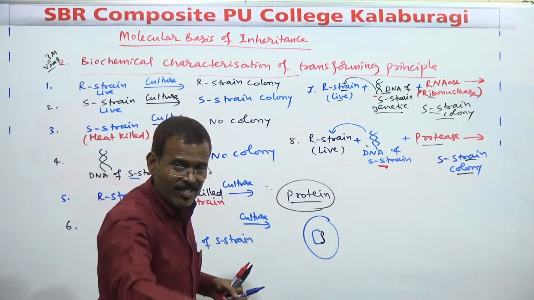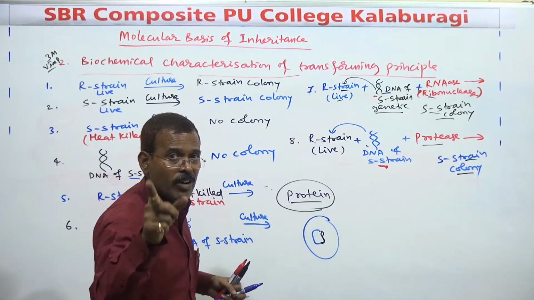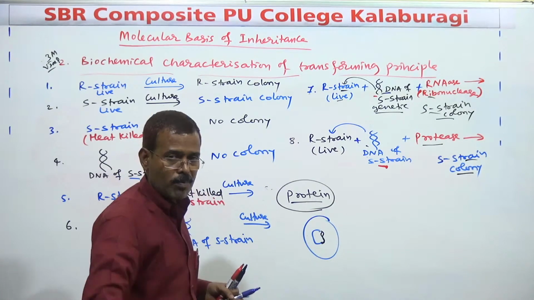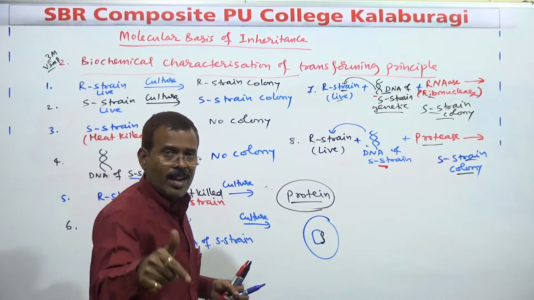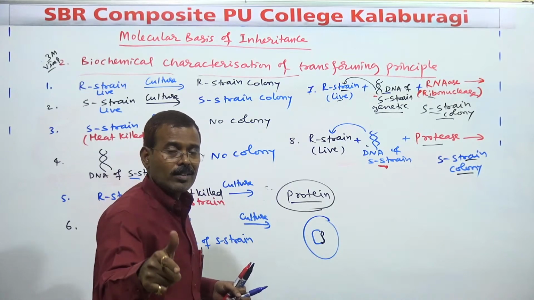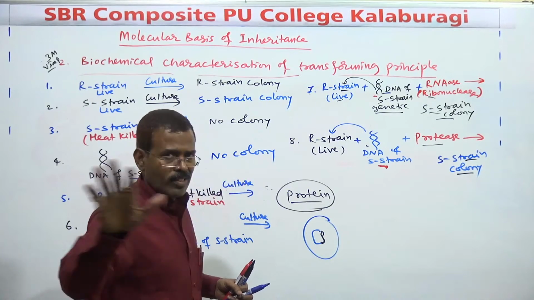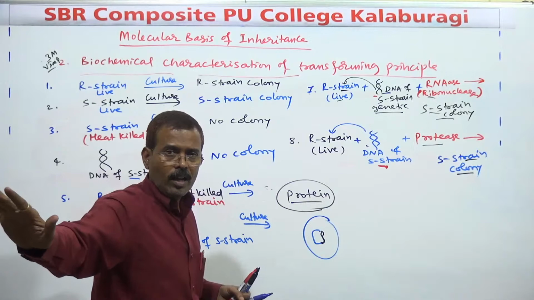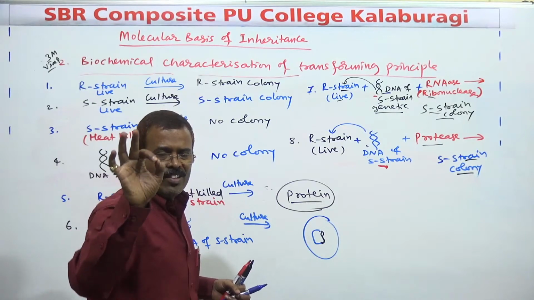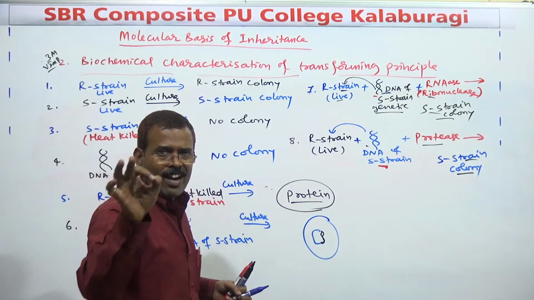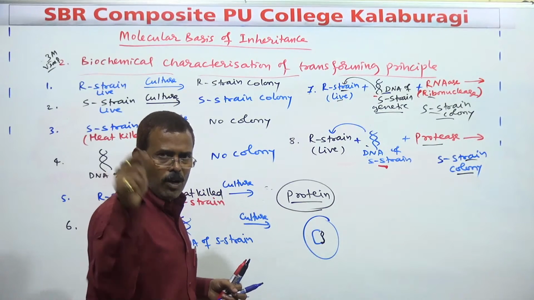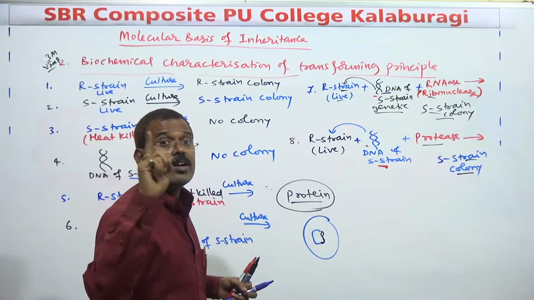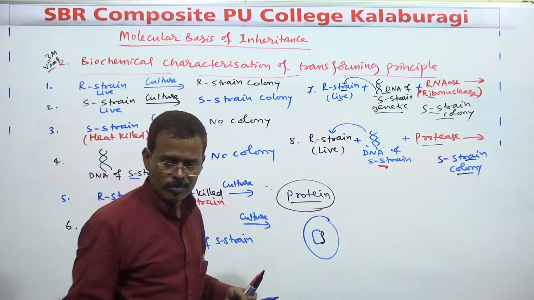This experiment has confirmed that protein is not the genetic material. RNA is not the genetic material. The only genetic material, the only transforming principle, its biochemical nature is DNA. Remember this.